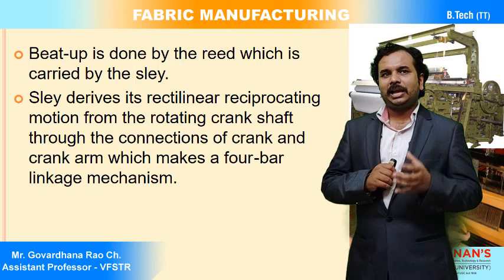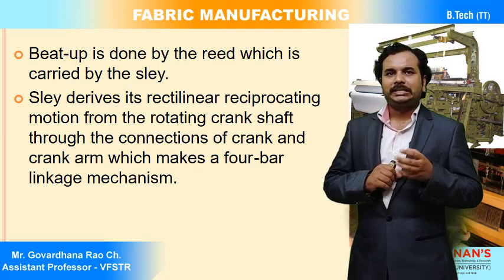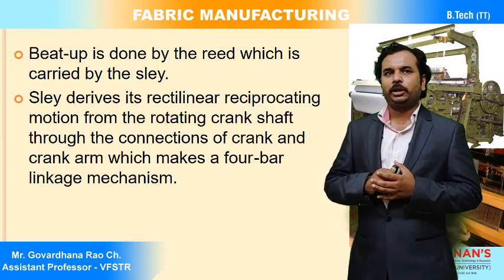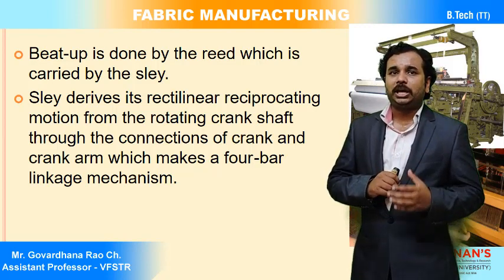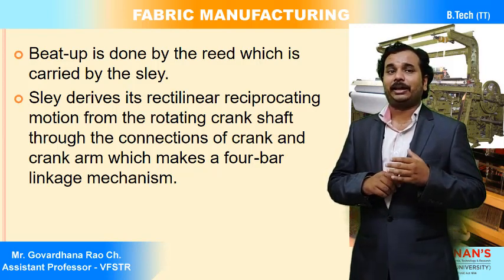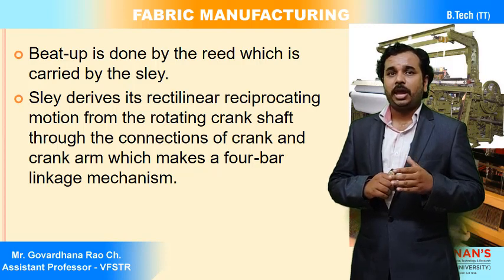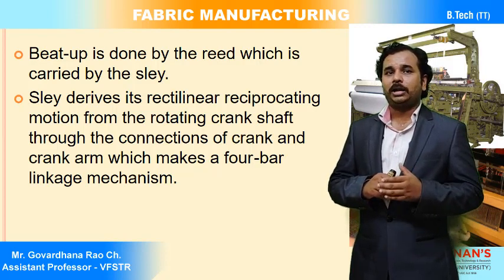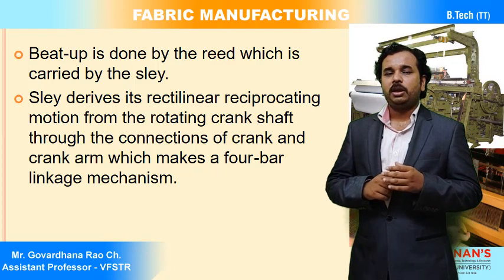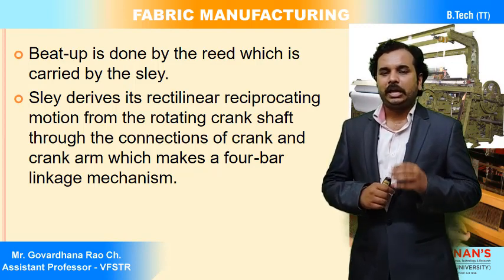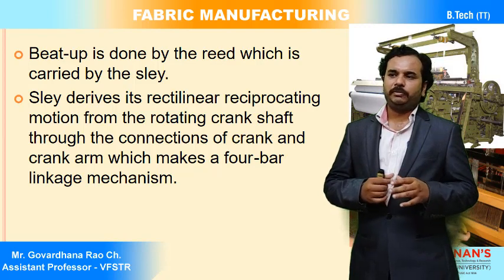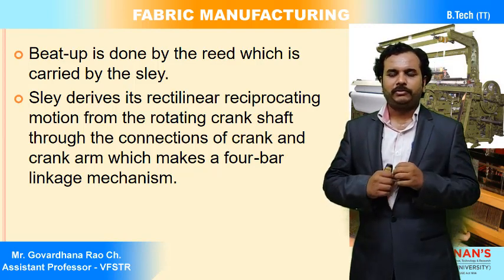Okay. So the slay derives its rectilinear reciprocating motion from the rotating crankshaft through the connections of crank and the crank arm, which may be a 4-bar linkage mechanism. So nothing but there is a crankshaft. Generally there is a bottom shaft.